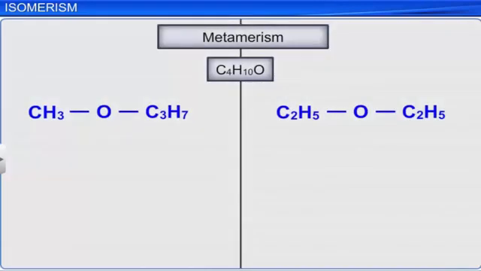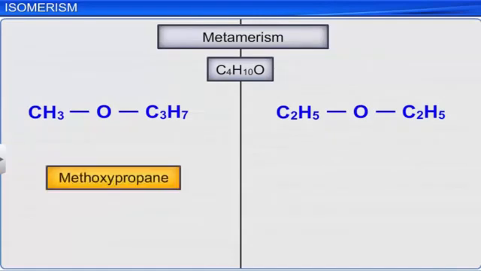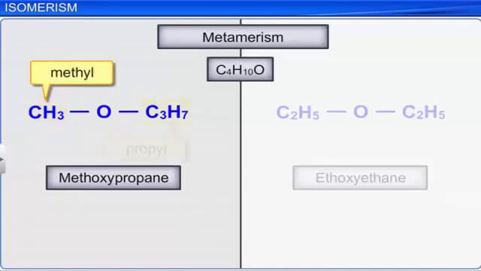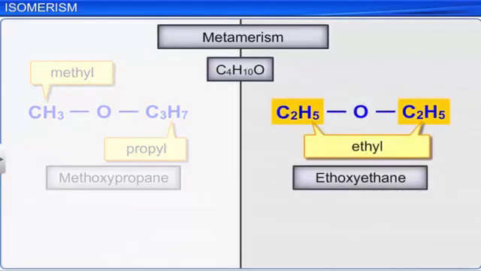The following isomers can be drawn, that is, methoxypropane and ethoxyethane. Here the alkyl group attached on either side of the functional group is different. In case 1, methyl and propyl are attached to either side of the functional group, and in case 2, ethyl groups are attached to either side of the functional group.